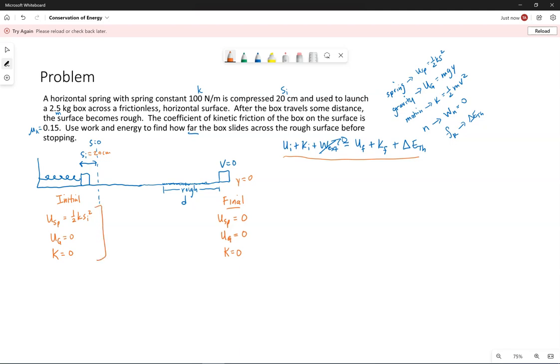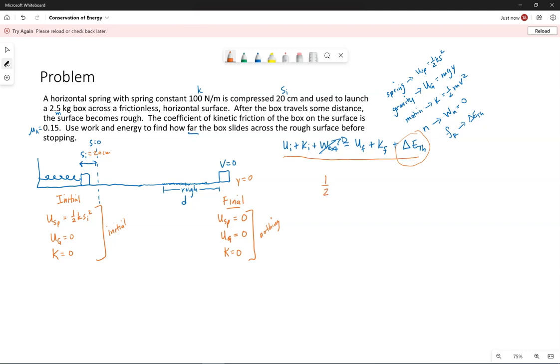So at first glance, this is a little weird. Initially, we have energy in the spring, but at this final moment in time, we don't have any of these. But thermal energy: as the box slides along the rough surface, the potential energy that has been turned into kinetic energy will now turn into thermal energy.